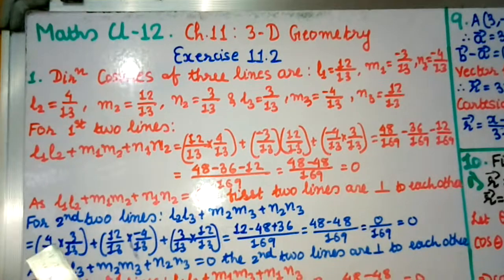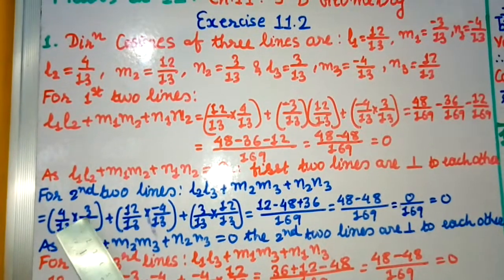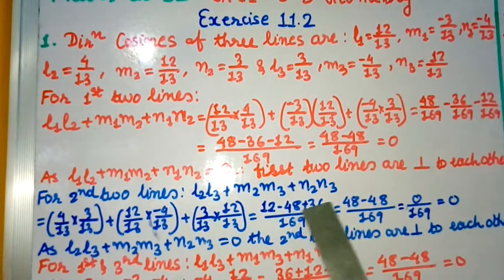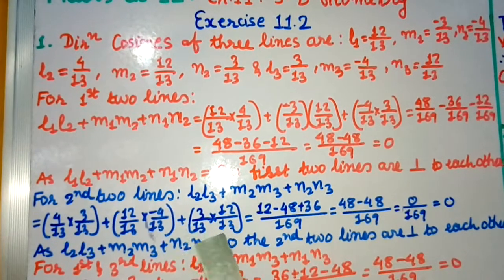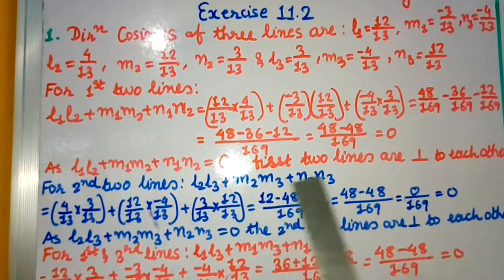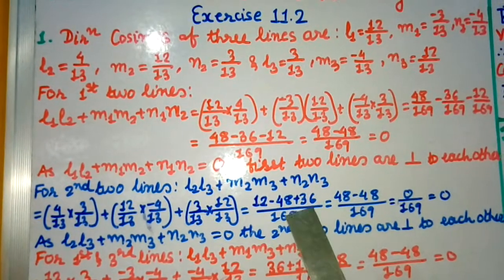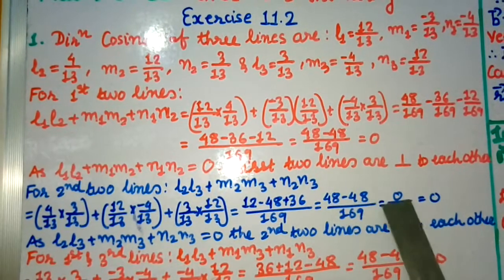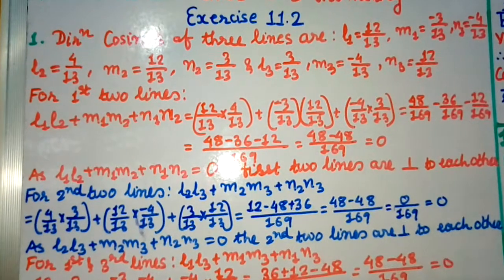Equal to 4 into 3 is 12, then 12 into -4 is -48, 3 into 12 is 36. All three terms have denominator 169, so I write them together. Simplify: 12 plus 36 is 48, minus 48, divided by 169. This difference is 0 by 169, which gives you 0.